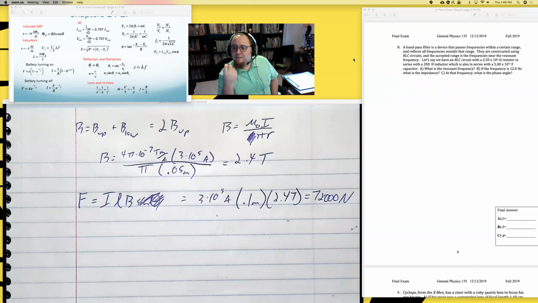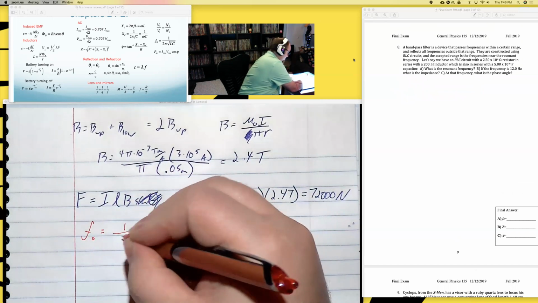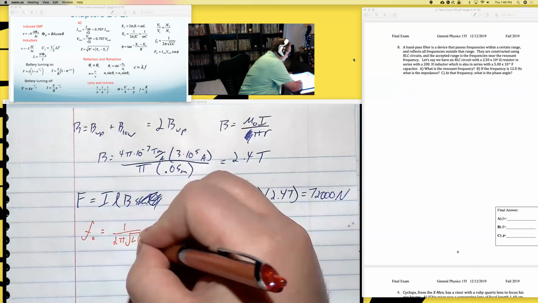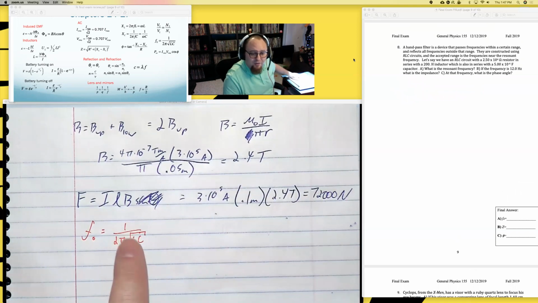Bandpass filter, a device that passes frequencies within a certain range and reflects all frequencies outside that range. Let's say an RLC circuit with that resistance in series with that inductor and that capacitor. What is the resonant frequency? So guys, because of time, I'm going to go a little faster with these.